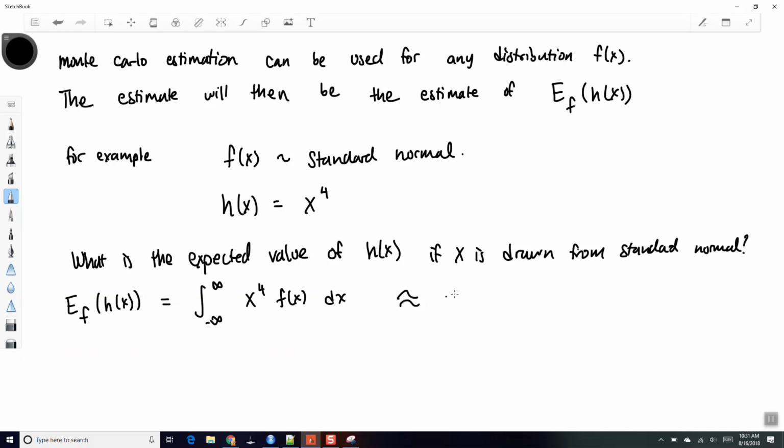We're going to estimate this using h bar sub n, which is just going to be h applied to x of i's, where x of i is now drawn from the standard normal. Okay, and we did this example.